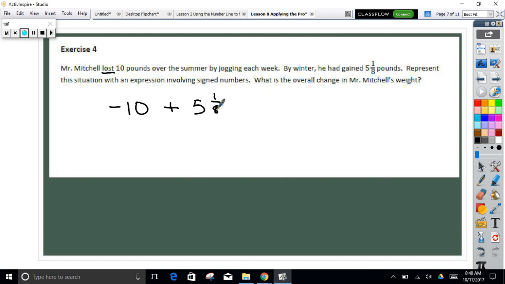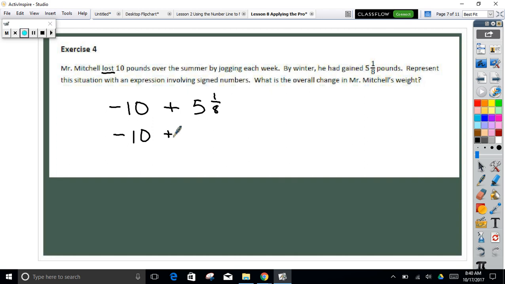So if we turn this into an equation and solve it, we're going to find the overall change in Mr. Mitchell's weight. Now, using this idea of breaking up our mixed numbers, let's try doing that. We're going to keep the negative 10 the same. Grace, how would I write 5 and 1/8 as a sum? 5 plus 1/8.